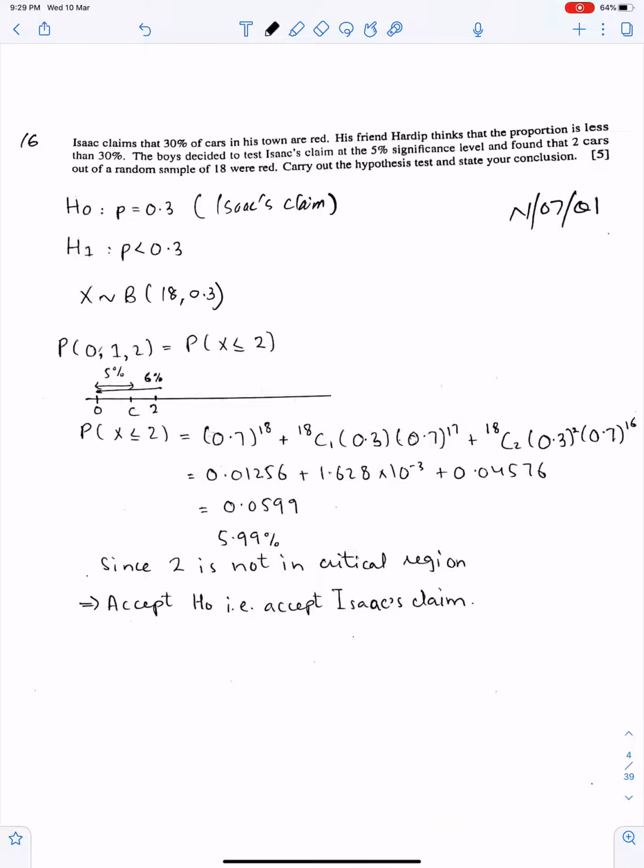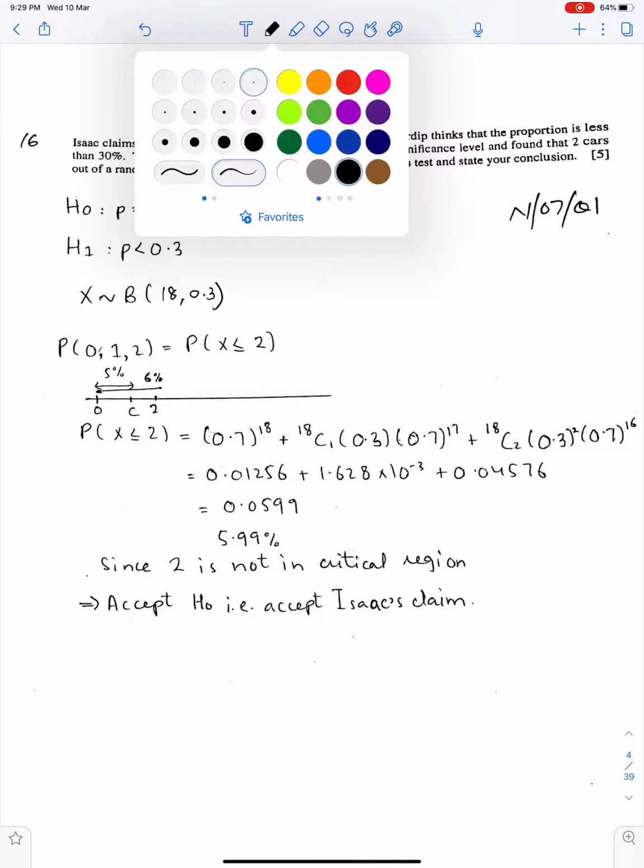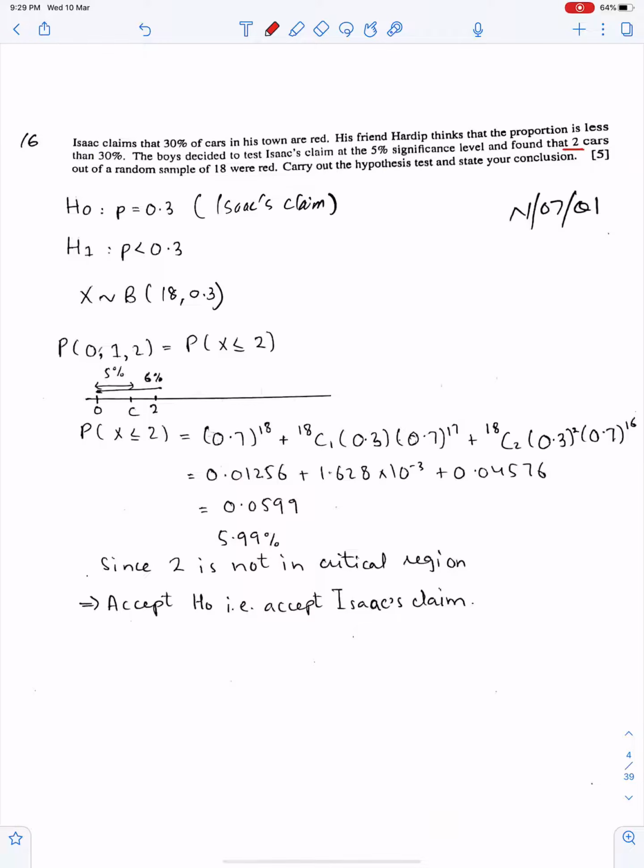Well, this is the test value, this 2, this is the p of binomial, this is the level of significance, this is the sample size, 18. So we have to check this probability, and according to this sign, we have to perform the lower tail test. The critical region is here. This is the critical region, its probability is 5%. Now we have to find this probability in order to check whether this test value lies here or here.